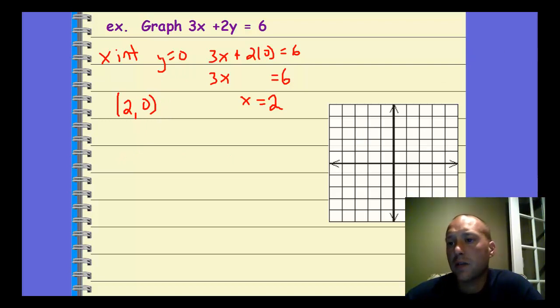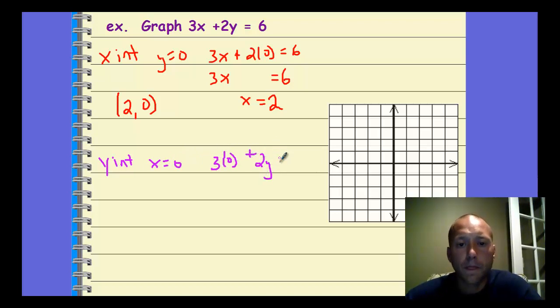If we do that same thing again, but we want to find the y-intercept, we can let x equal 0, and then plug and chug. So 3 times 0 is 0, so we have 2y equals 6, and then y is 3. So we have the point 0, 3.